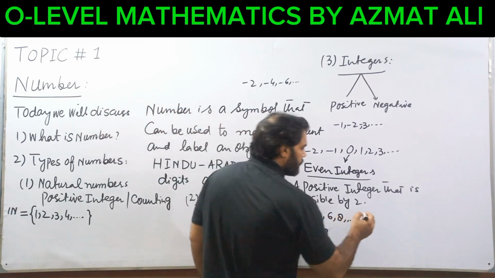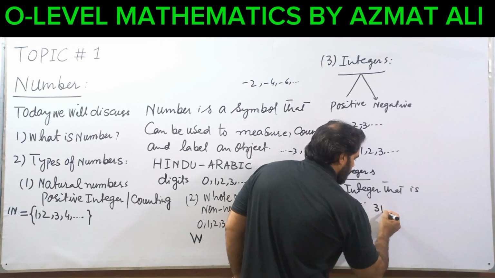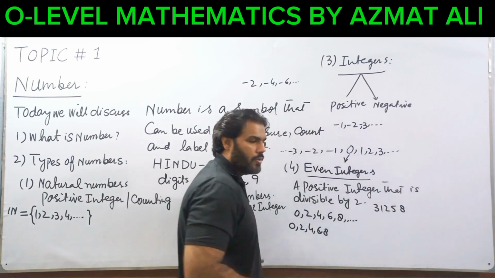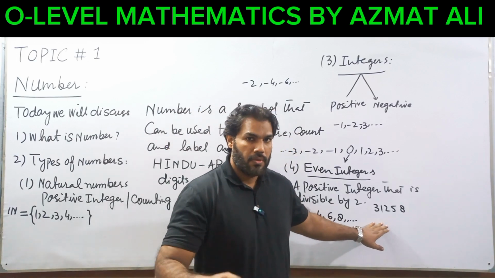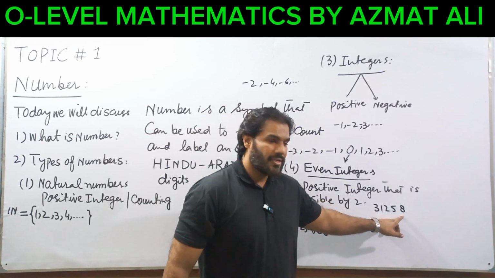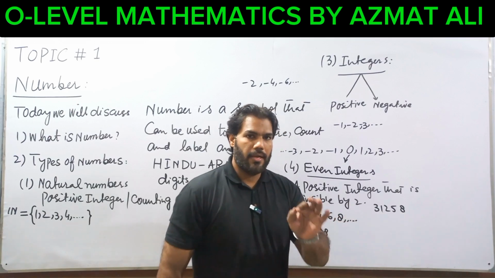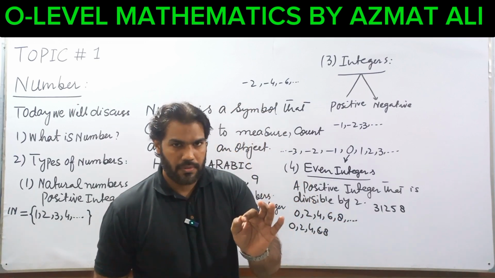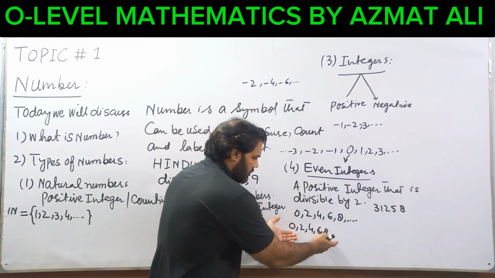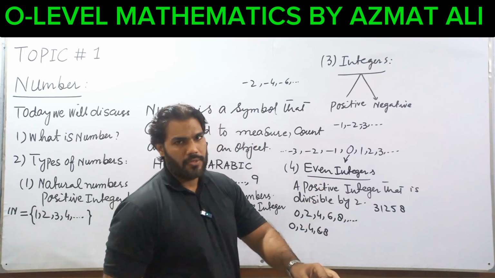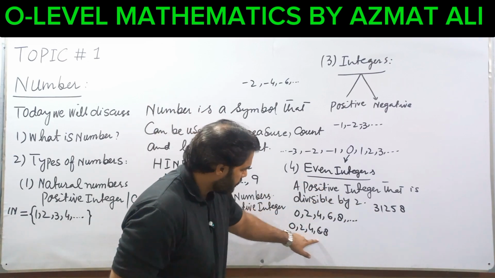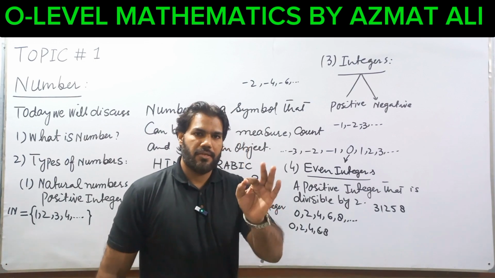For example, 3, 1, 2, 5, 8. We have to decide whether this number is even or odd. Here the last digit is 8, and 8 lies among these digits, so this number is an even number. So any number whose last digit is one of these will always be an even integer.